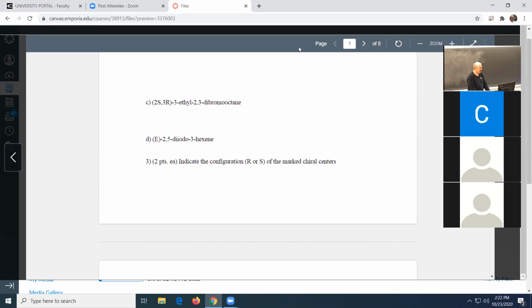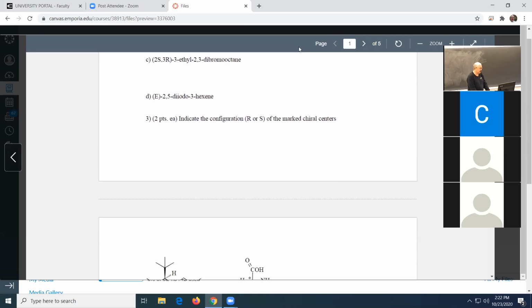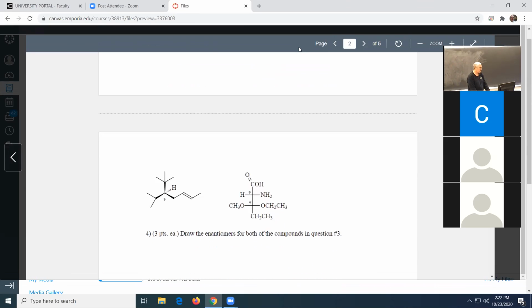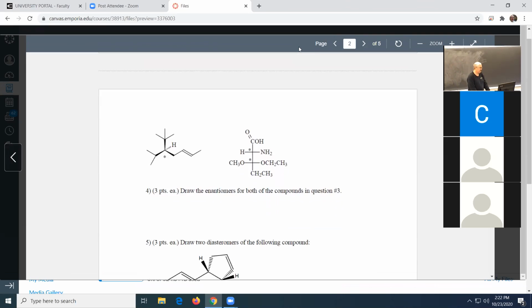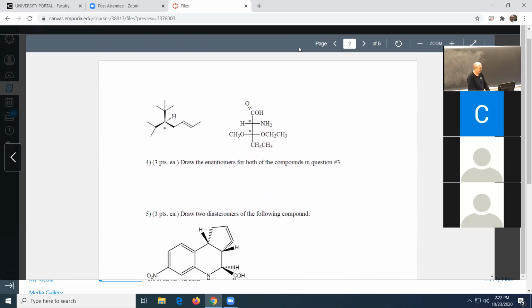Indicate the configuration R or S of the marked chiral centers. Right, so hydrogen's already back.